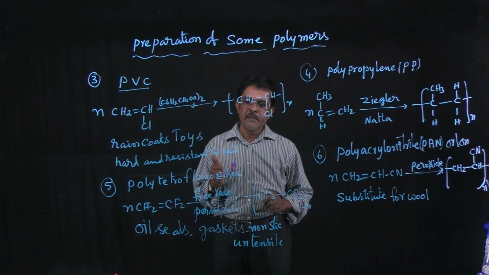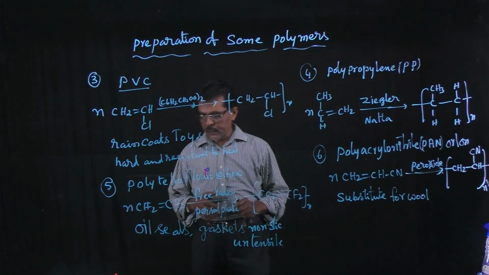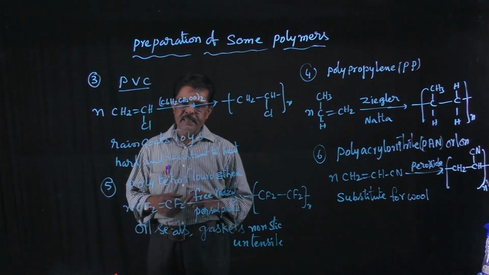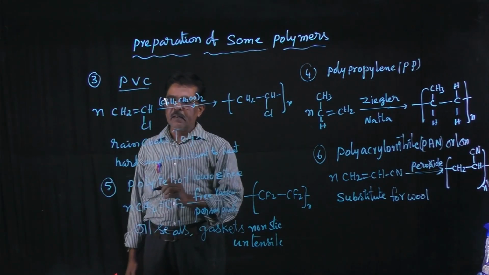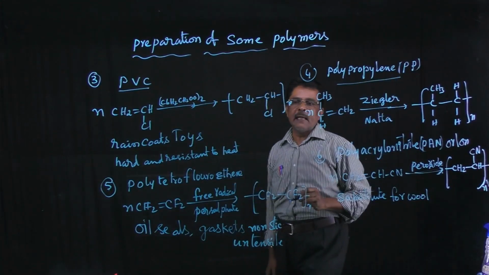Preparation of some polymers. First one is the polyethylene. Second one is polystyrene, and third one is polyvinyl chloride. Fourth one is polypropylene.